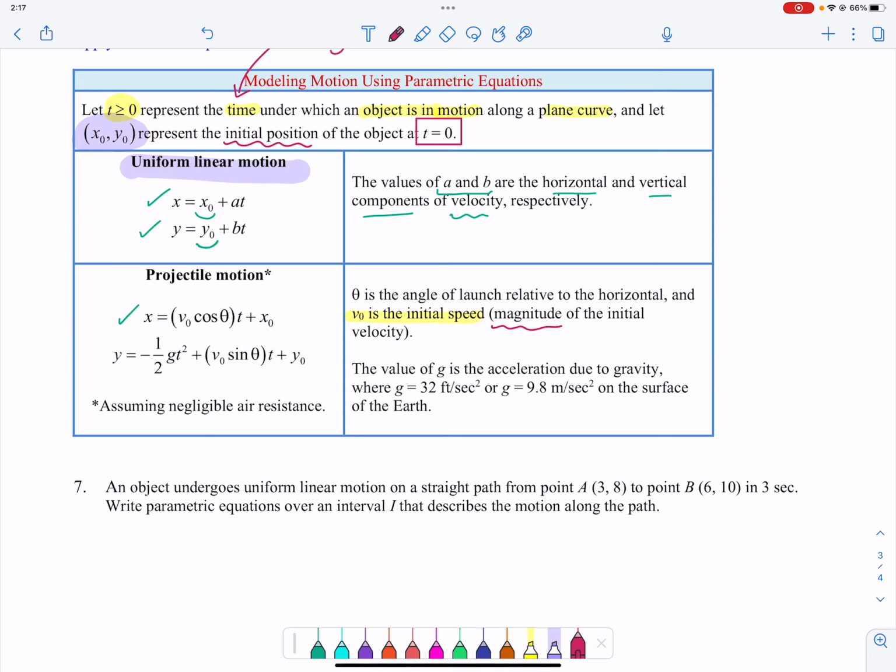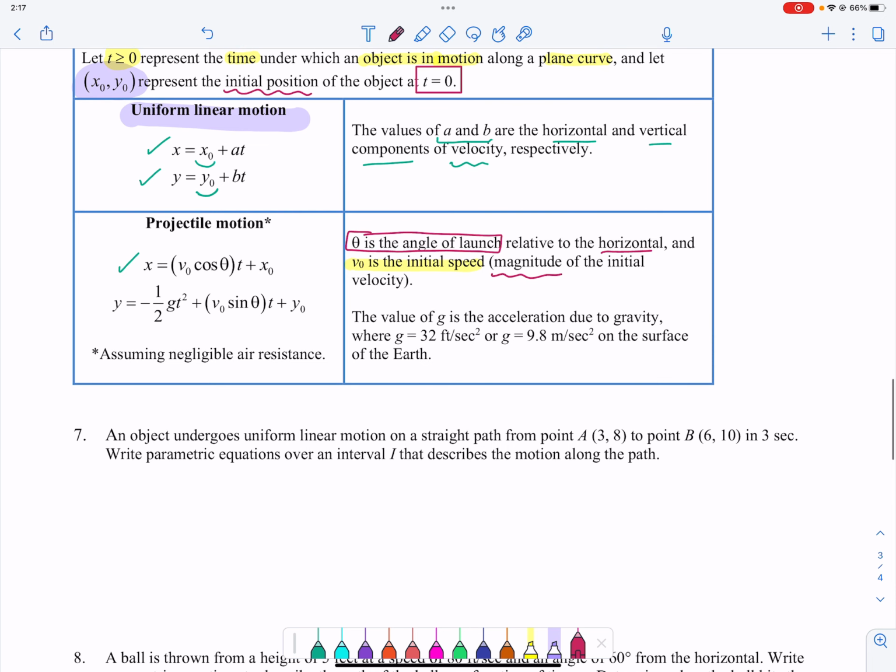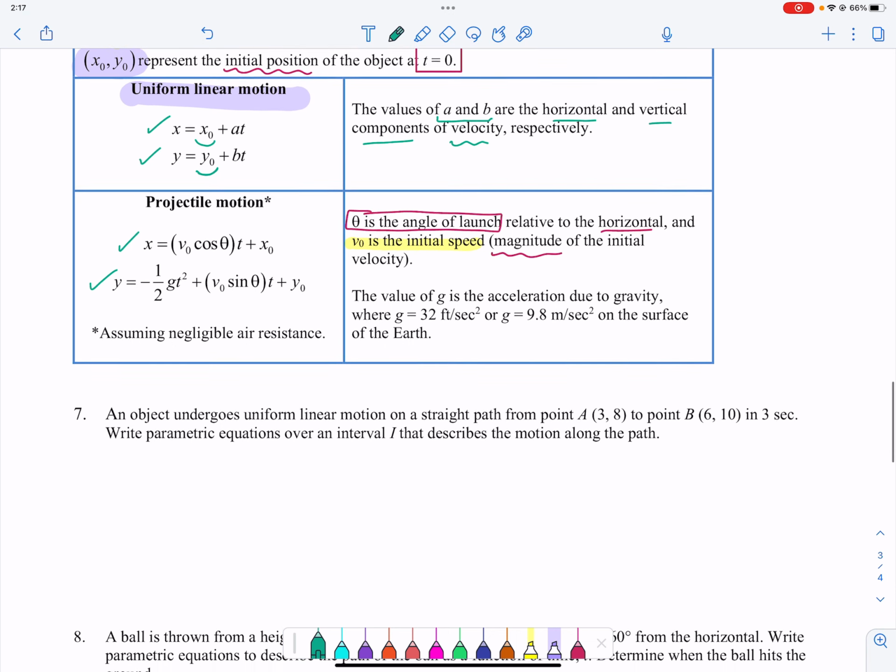Theta is the angle of launch, and that's relative to the horizontal. y is going to be equal to negative 1/2 g t squared plus v sub 0 times sine of theta times t plus y sub 0.